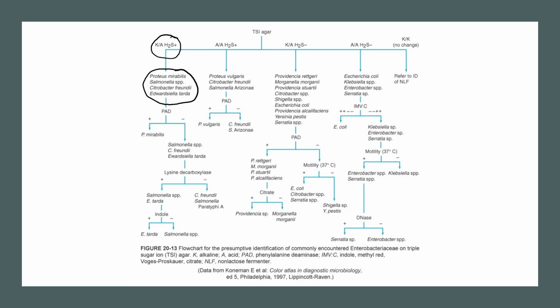You have your Proteus mirabilis, Salmonella, Citrobacter, and Edwardsiella tarda. Again, look at your PAD, and once you see a PAD positive, you have identified Proteus mirabilis. If you have a PAD negative, then you have the group Salmonella, Citrobacter, and Edwardsiella.